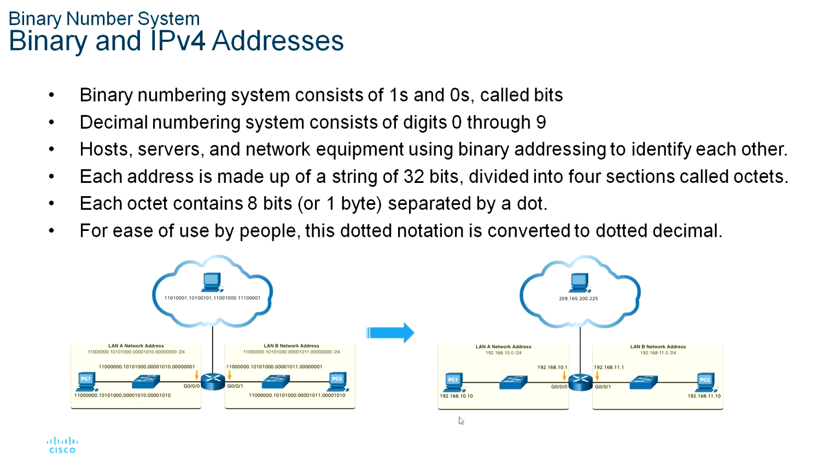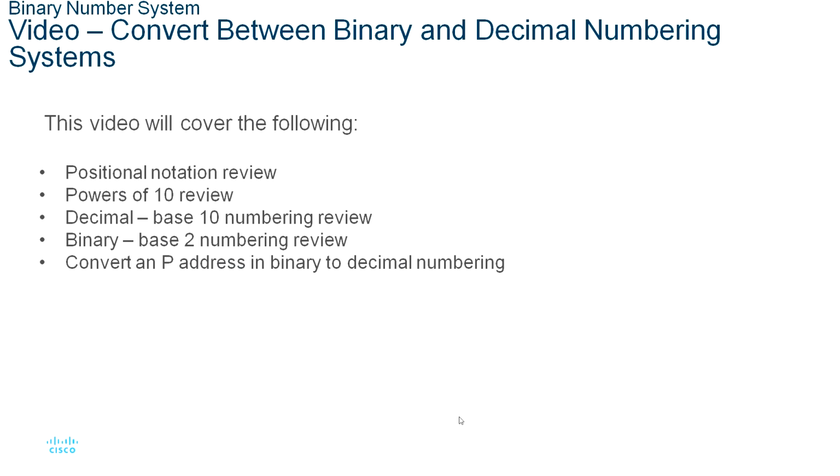For a solid understanding of network addressing, it is necessary to understand binary addressing and gain practical skills converting between binary and dotted decimal IPv4 addresses. This section will cover how to convert between the base 2 binary and base 10 decimal numbering systems. You can clearly observe this in a video on converting between binary and decimal numbering systems.